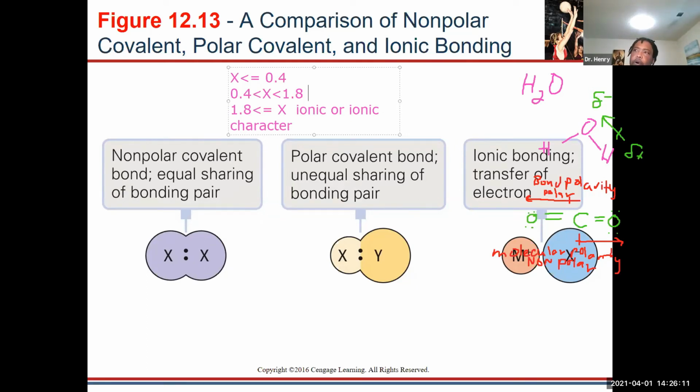Where X is the difference between bonding atoms.